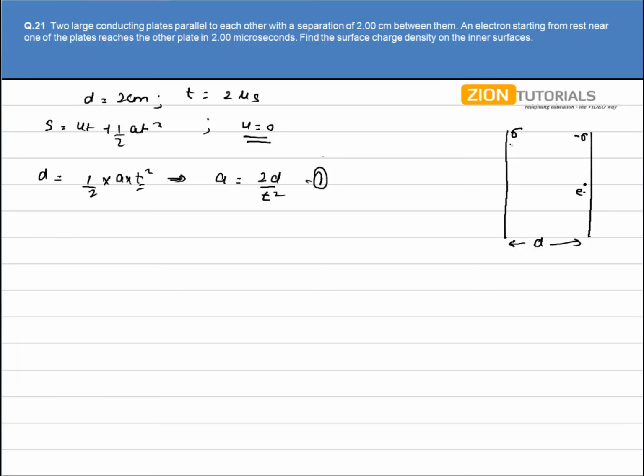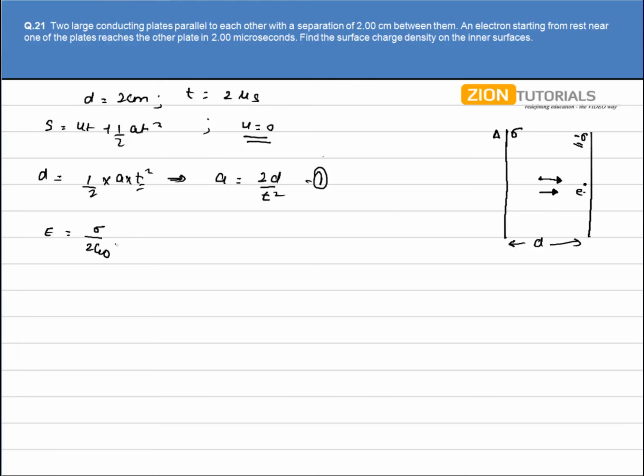Now the second point is that we know the electric field due to a large conducting plate is given by sigma by 2 epsilon naught. Now I do have two plates over here. Please note that the direction of the electric field due to plate A is in this direction with a magnitude of sigma by 2 epsilon naught, and the electric field due to the minus sigma charge is also sigma by 2 epsilon naught, and in the same direction because the charge is negative.